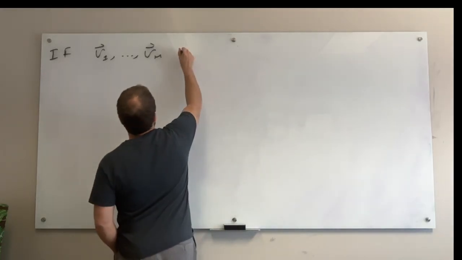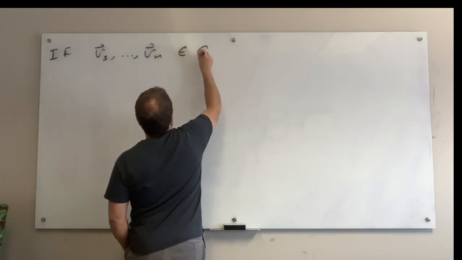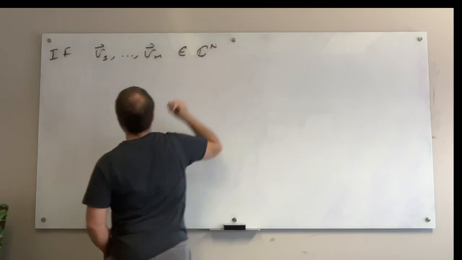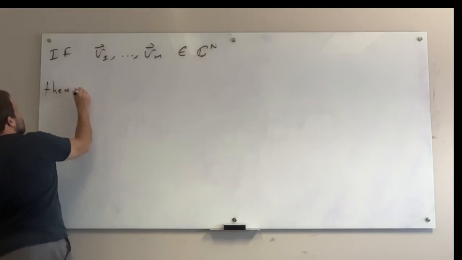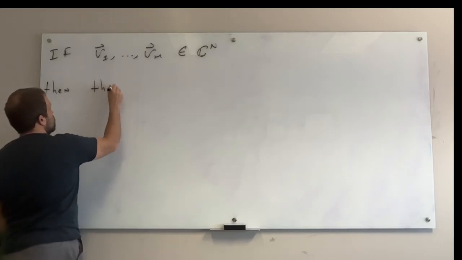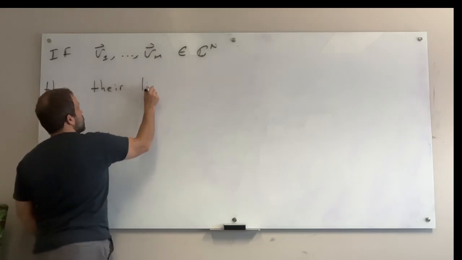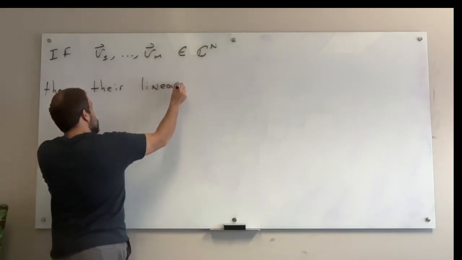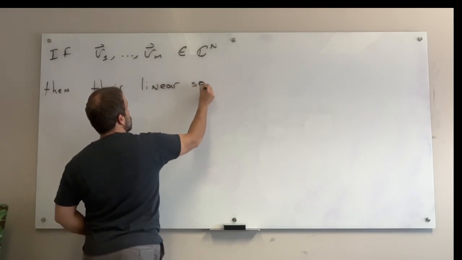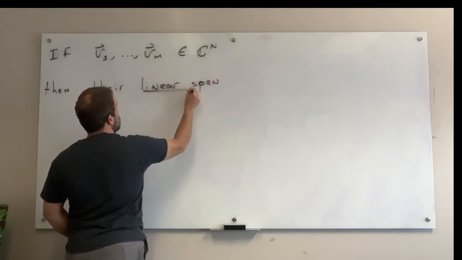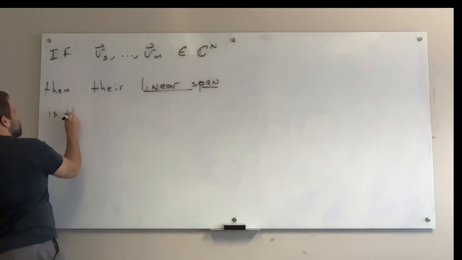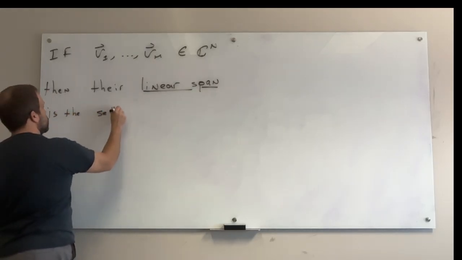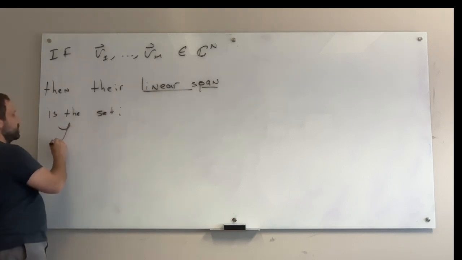So let's say these are vectors in n-dimensional complex space, then their linear span, so this is the term that I'm defining, is the following set. It's denoted like this.